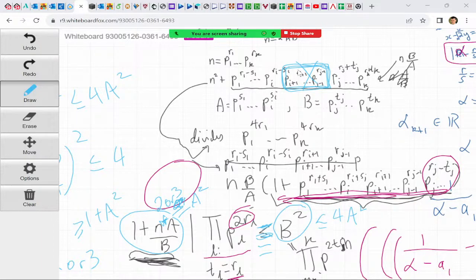Because this will no longer be equal to b squared, it'll be off by 2 or 3. Wait, how's it not equal? Oh wait, no, that's a fact.